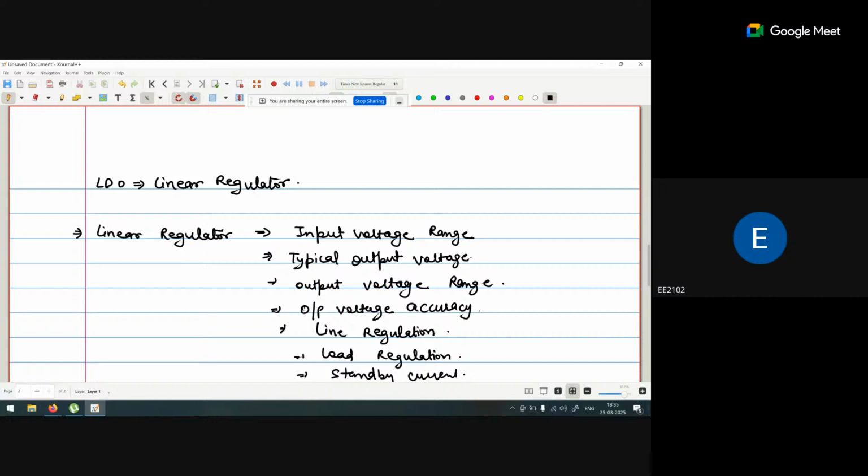Okay. The line regulation unit is millivolt, and the voltage accuracy is percentage. The quiescent current is milliampere or microampere.